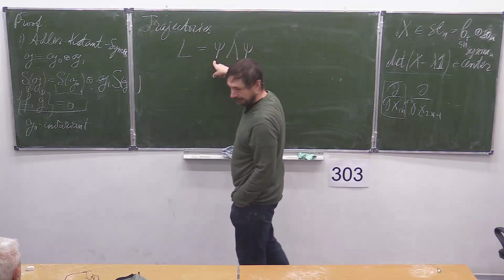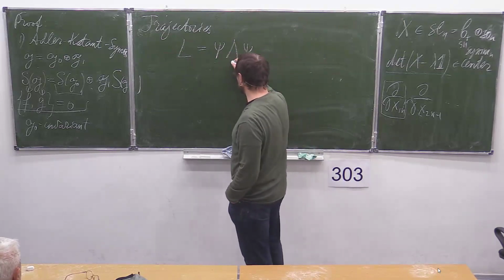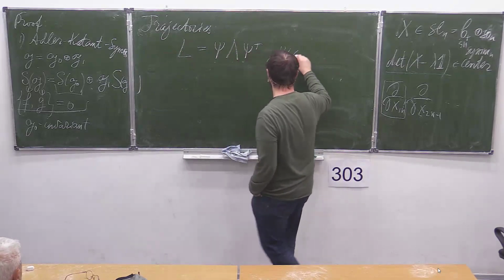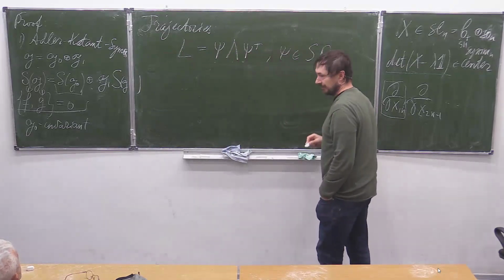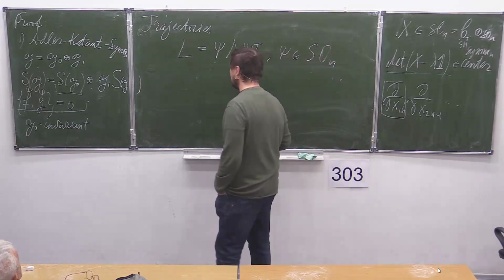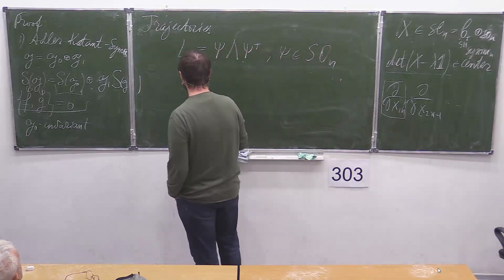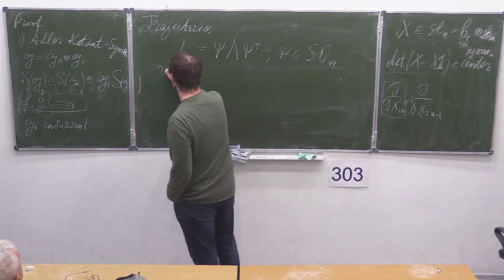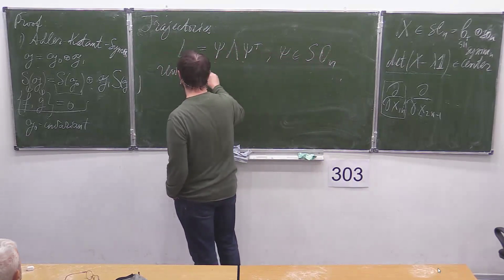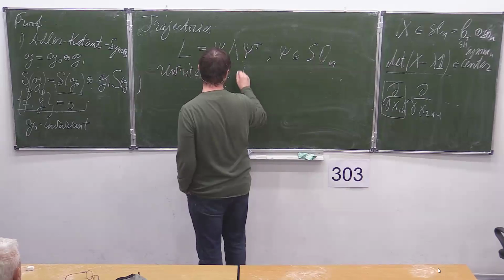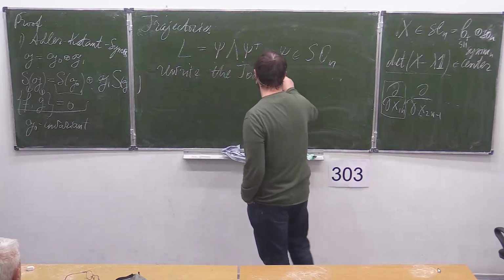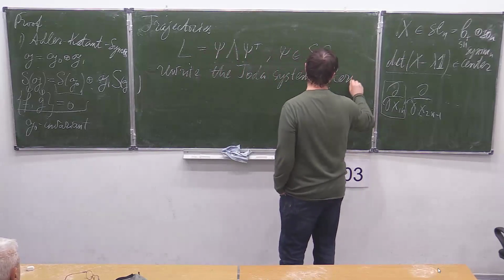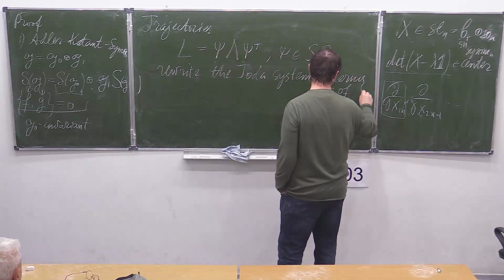Lambda is the diagonal matrix of eigenvalues, and psi is an element in SON, right? Then we can rewrite the Toda system in terms of psi.